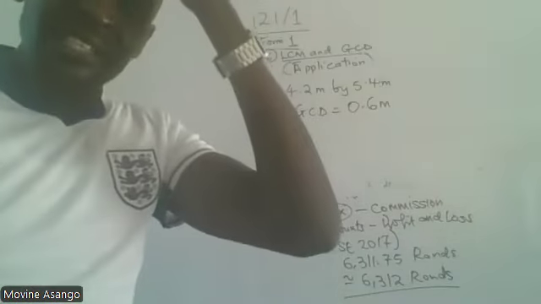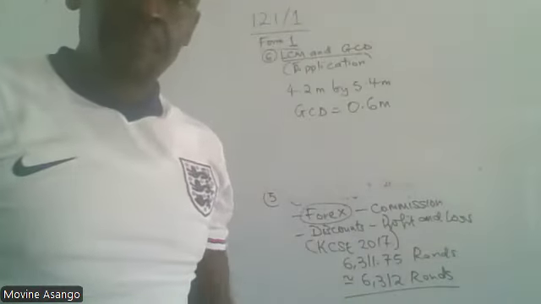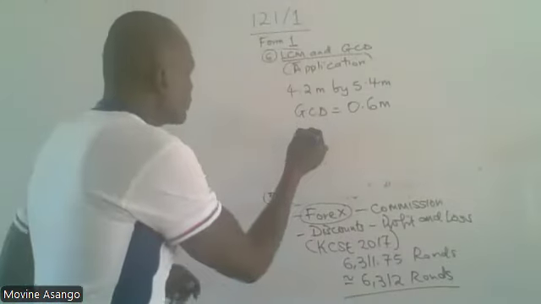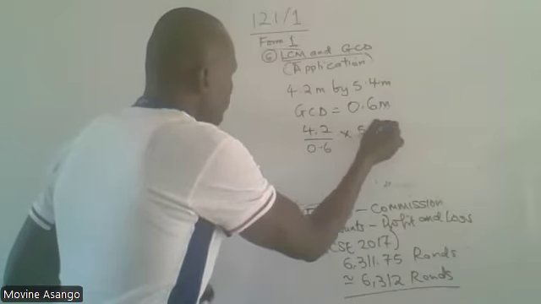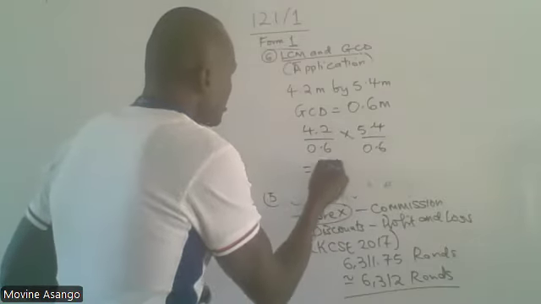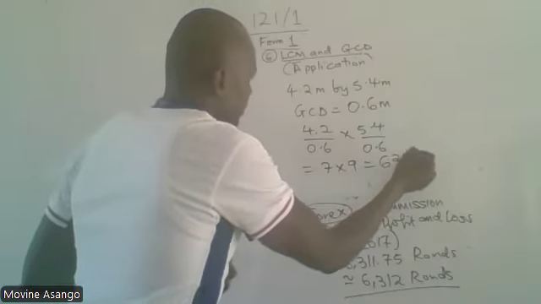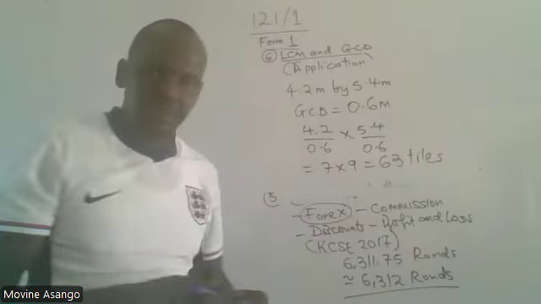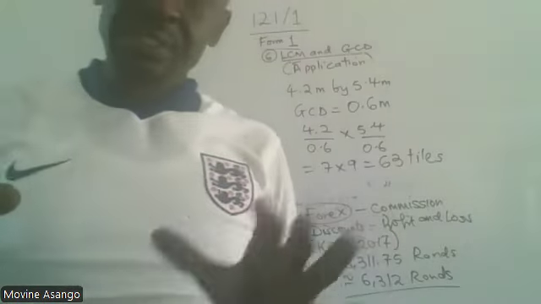Now, after getting the GCD, or the length of one square tile, then the number of tiles would be 4.2 over 0.6 times 5.4 over 0.6, which is 7 by, of course, 9, and that is 63 tiles. You can see application of LCM and GCD.